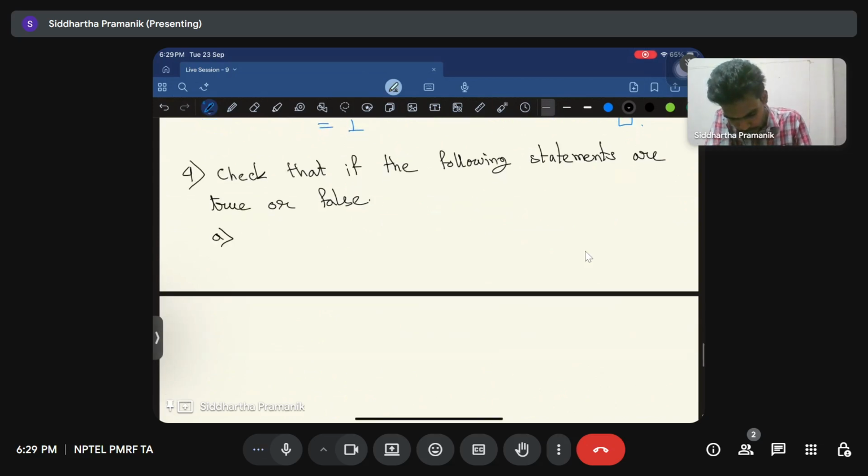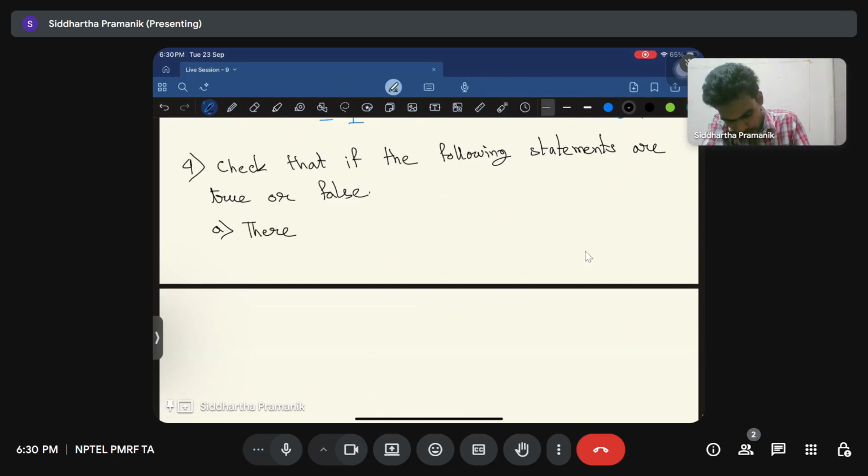The first one is: there is a zero-dimensional local ring which is non-Noetherian.